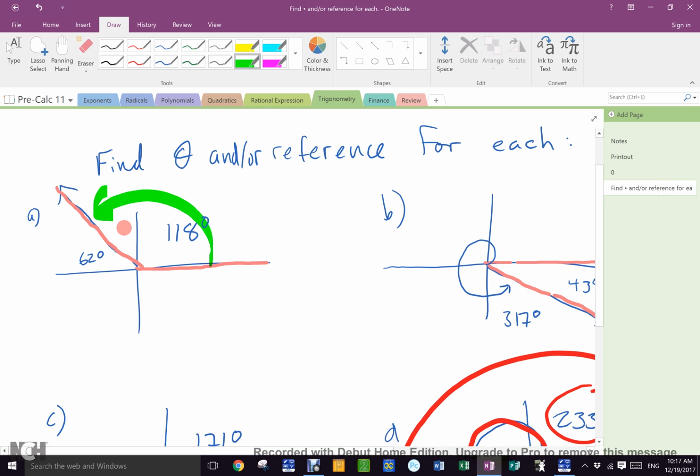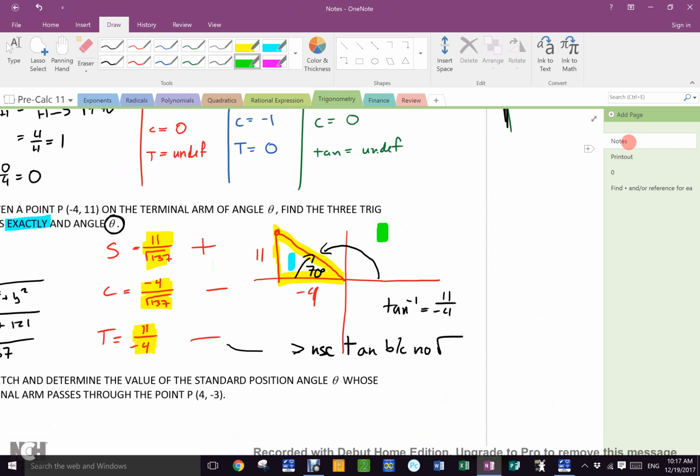Theta's on this side, right? Green. If this is 70, then what's the green part? 110. So what's theta? 110. Now I need you guys to watch something.